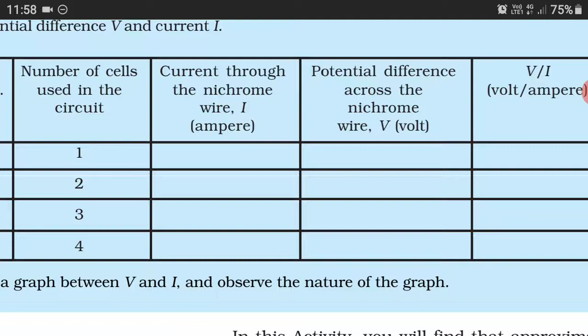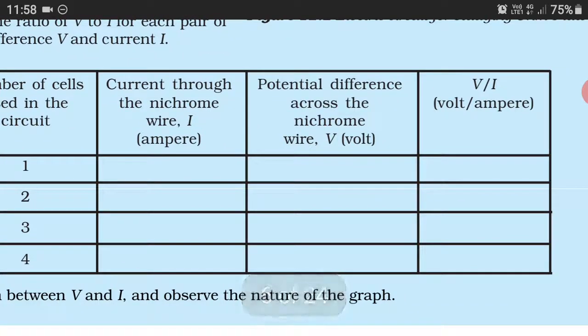But to verify this result, he did a two-step verification. He divided the potential difference reading V by the current I, for all four pairs of values of V and I, and found that there was a constant value.